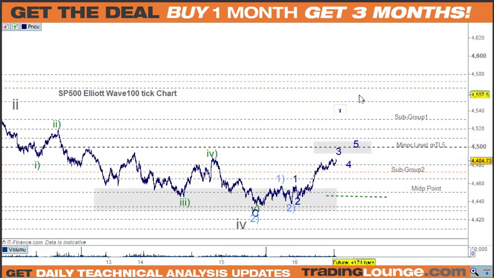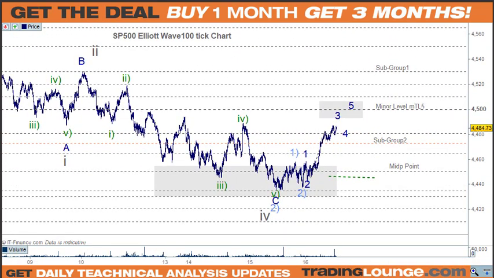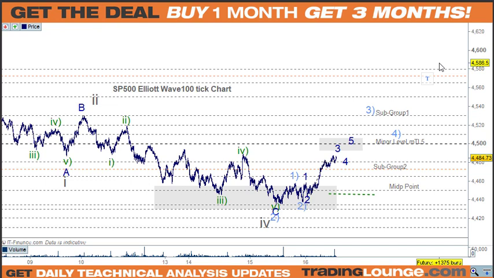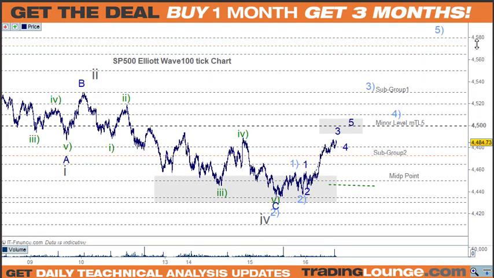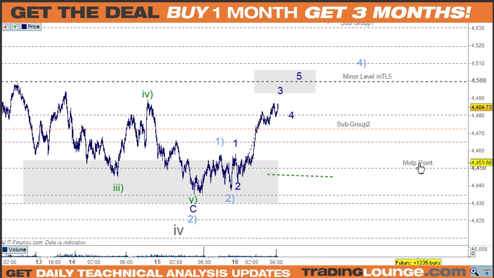We want wave 3 to be up there somewhere, and then wave 4, and then wave 5 will be somewhere up here, and that will be wave 5 of 5 of 5, and that will be the top. So that's what we're looking for. Let's just tidy this up a little bit. We'll just bring these across.